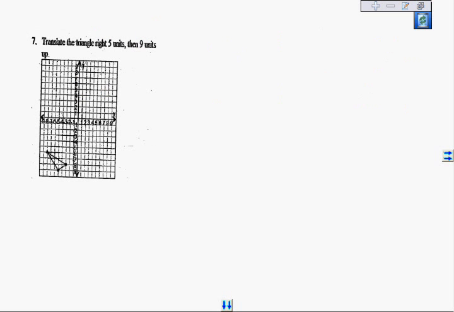3 more. Translate the triangle right, that's an x plus 5. And then 9 units up, that's y plus 9. Write down your coordinates. Negative 8, negative 6, negative 5, negative 9, negative 3, negative 8.